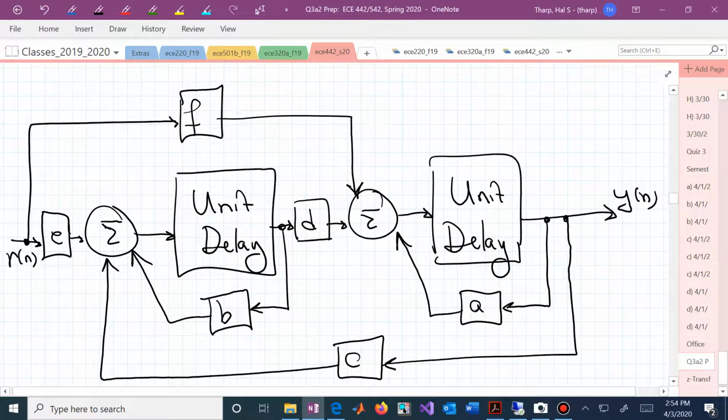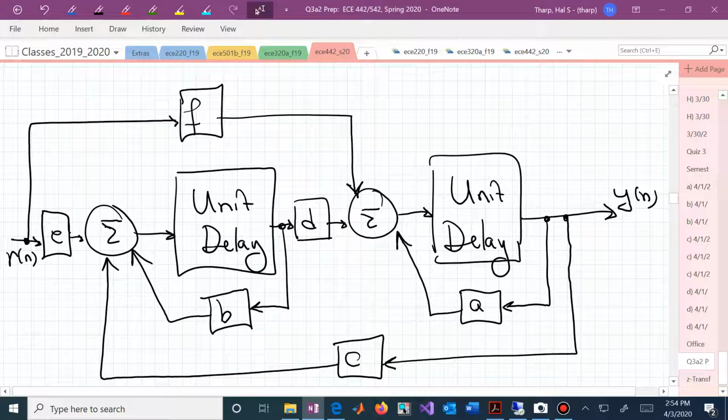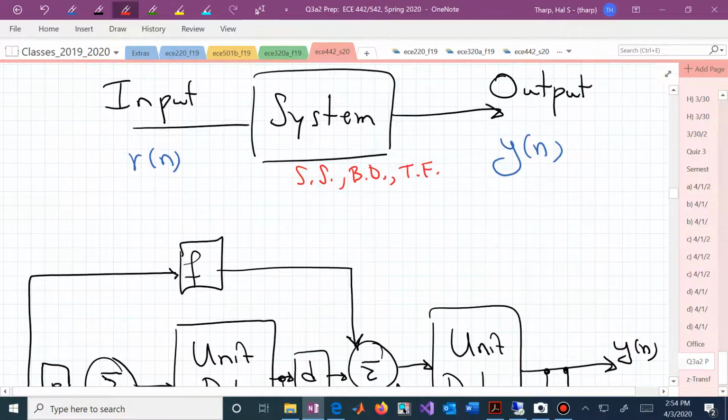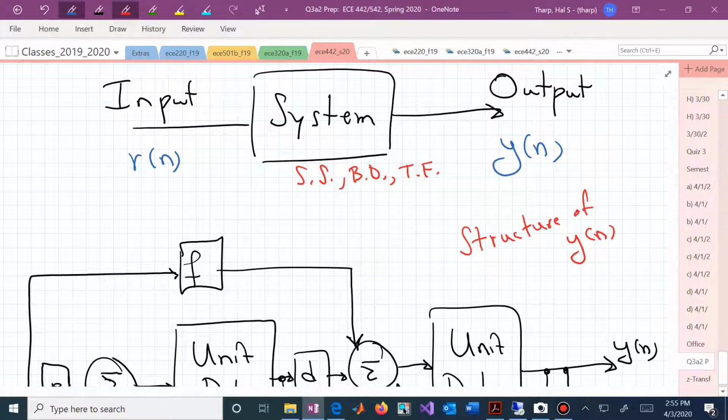Suppose that it's given as this block diagram, and you are asked now for the structure of y of n. You need to be told what r of n looks like, so you'll have to know what r of n is, and it will have some structure. It might be exponential, it might be an exponentially damped sine or cosine.